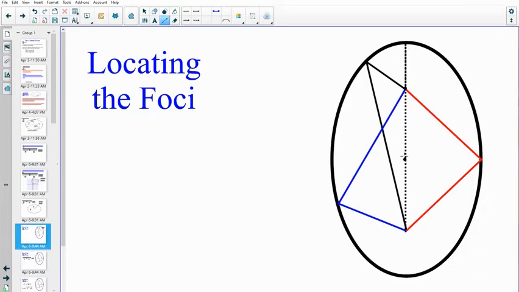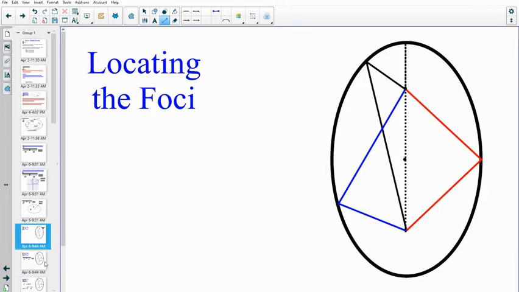In other words, the distance all the way across this would be the same as the distance out to the co-vertex and then back to the focus, which means that half of this length, the length from the center to the vertex, is the same as the length from the focus to the co-vertex.